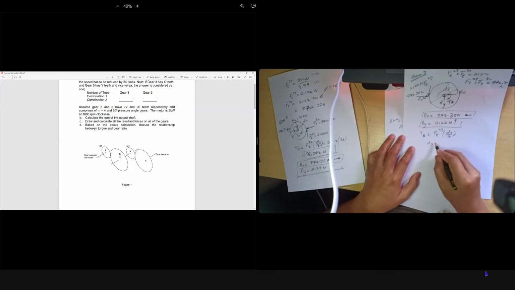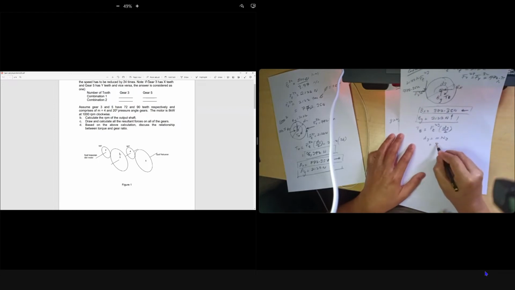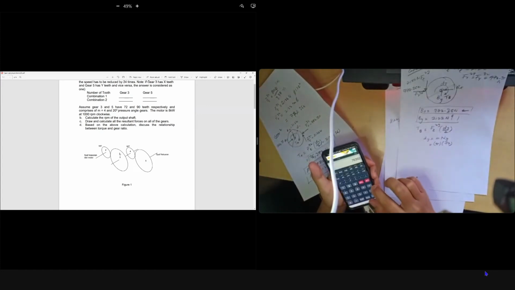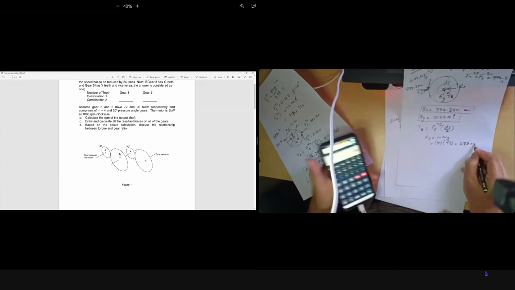Diameter 3 is module times number of teeth of your gear 3, equal to 4 mm times N3, which is 72. So diameter 3 is 72 times 4, which is 288 millimeter.